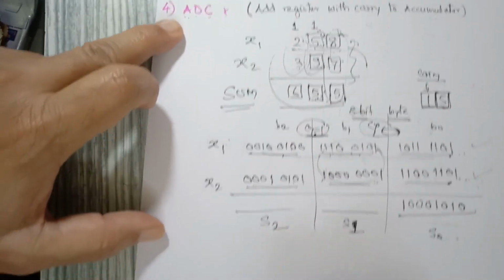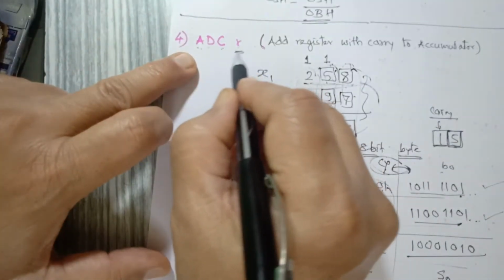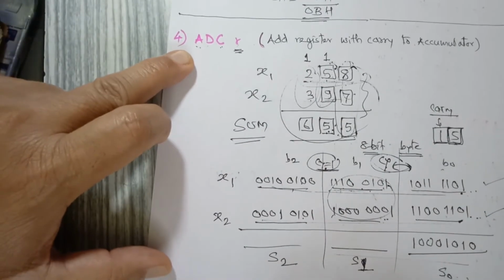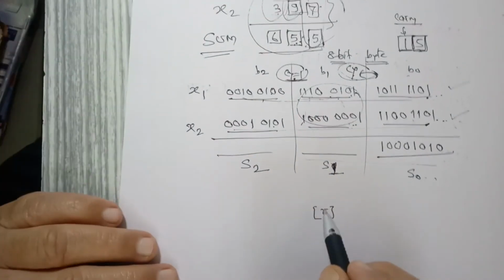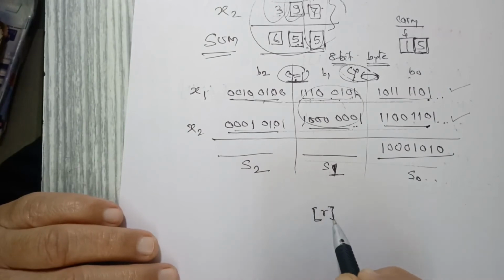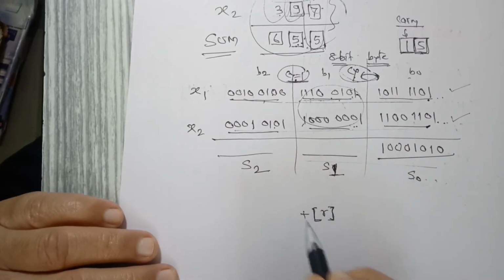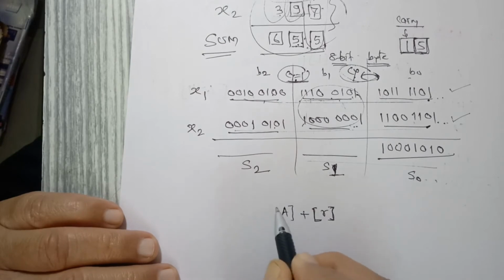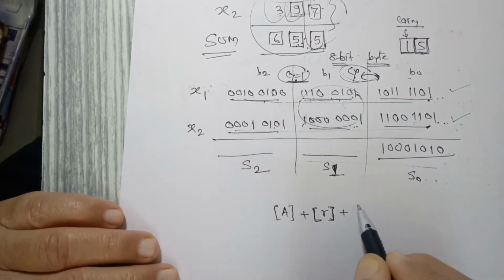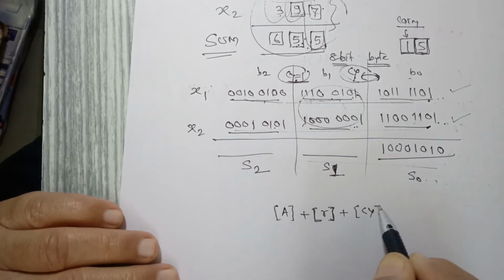The only difference is that you specify a register, and the content of the specified register is, as usual, added to the accumulator along with the carry bit.